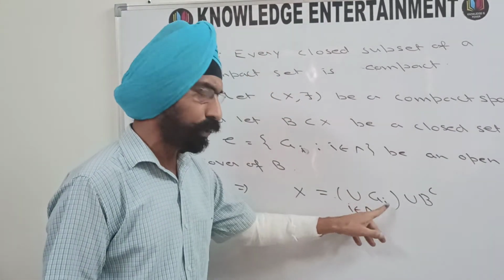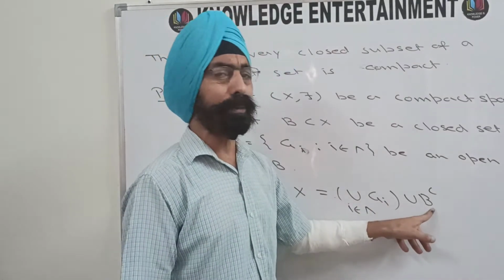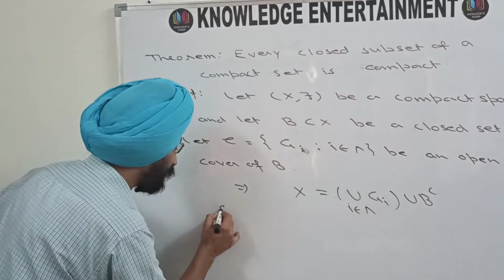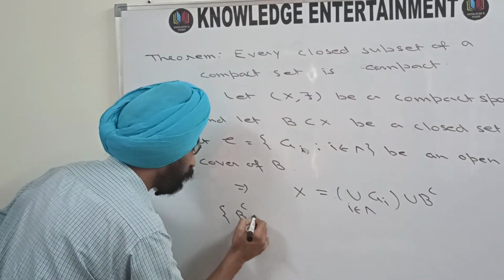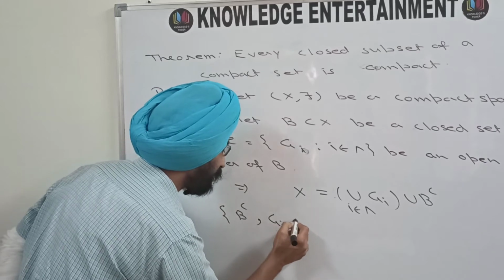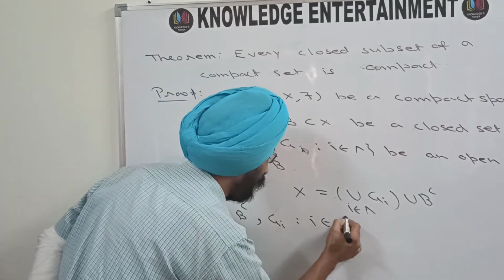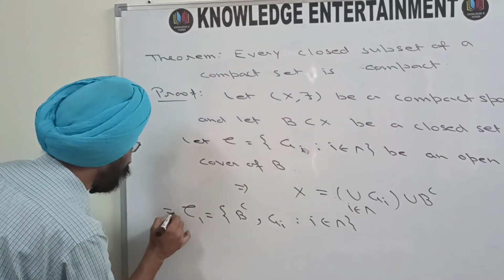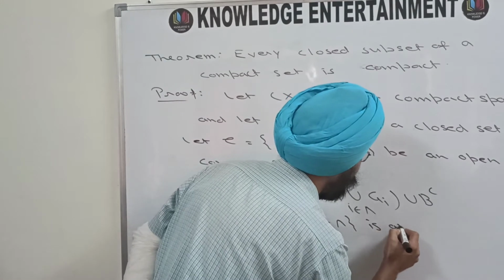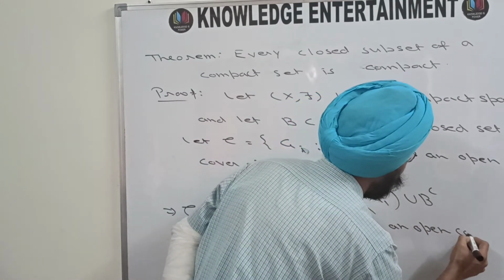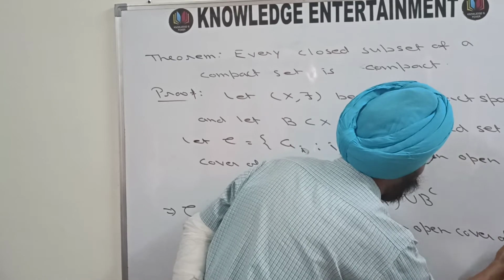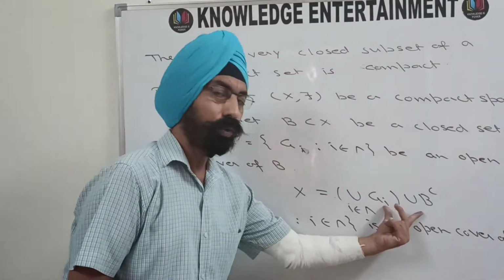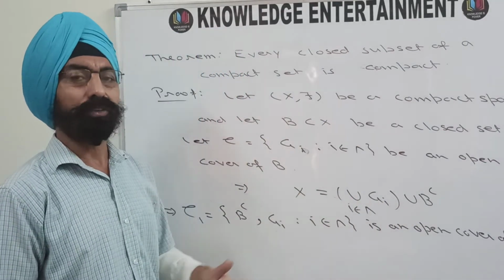Every member in the first union is an open set, and B complement is also open because B was closed. So this collection, B complement and the Gi's where i is coming from lambda, this collection C1, is an open cover of X now, because the union of members of C1 now covers X. But what about X?